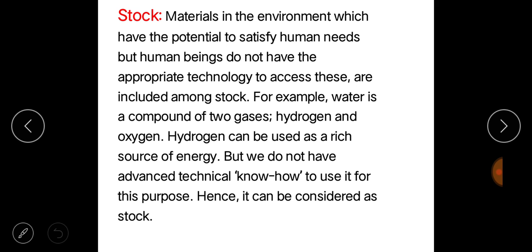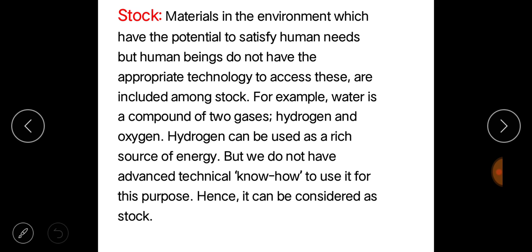For example, we have enough food in the store. There is rice, there is every food item in the store, but we have no accessibility. We cannot get that food, so we call it a stock.